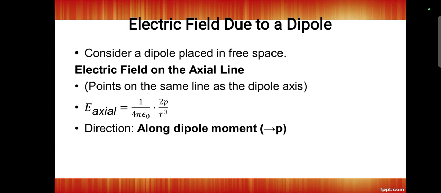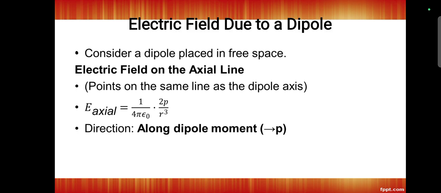The electric field due to a dipole, first E axial. We have to consider an electric dipole placed in free space to measure the electric field E due to this dipole. Points on the same line as the dipole are called the dipole axis.